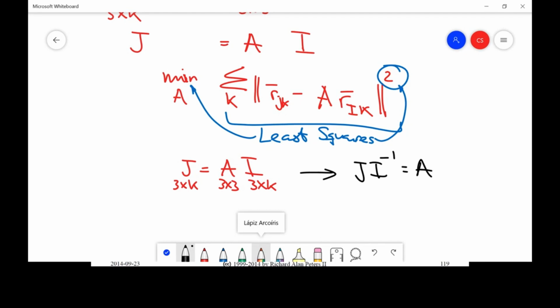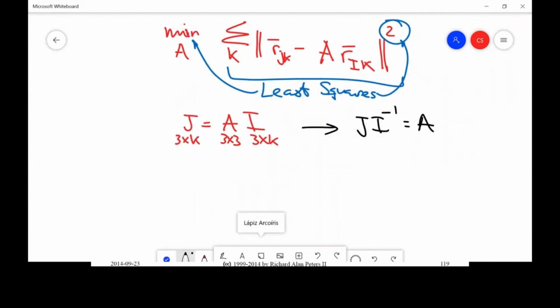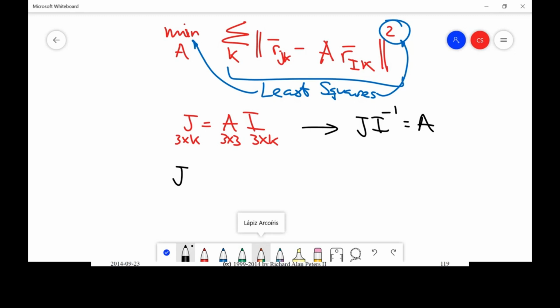So I have to play some trick, and the trick is the following. Let's multiply by I transpose. So I do J I transpose, and then I transpose. And let's look at the sizes now.